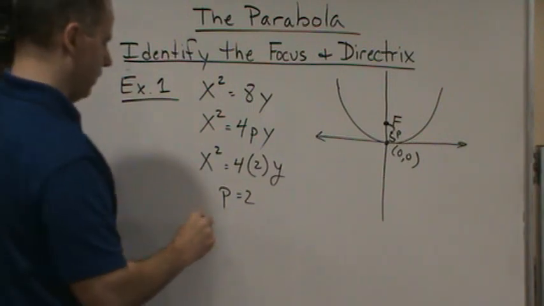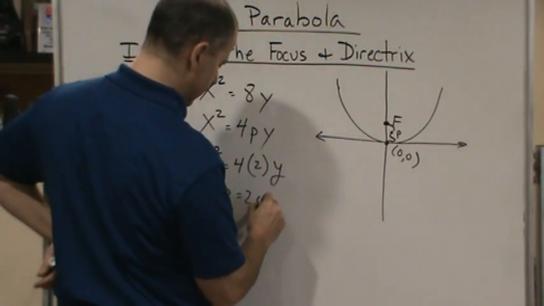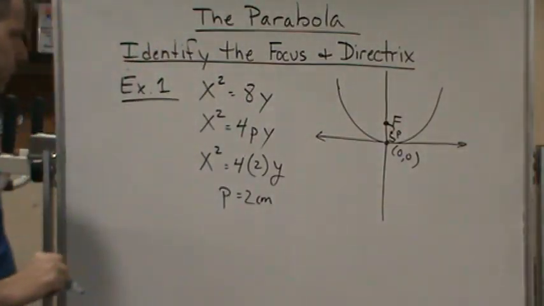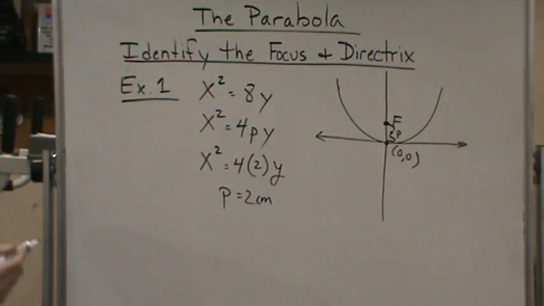Now, 2 what? They told us that it's measured in centimeters. So the distance p is 2 centimeters.